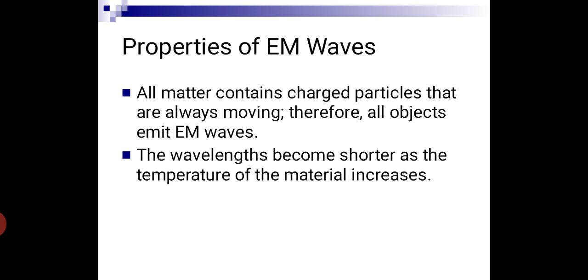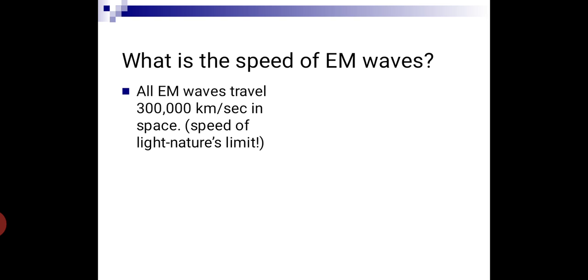The wavelength becomes shorter as the temperature of the material increases. This means greater the temperature, greater is the frequency of the wave emitted, and shorter is the wavelength. Electromagnetic waves carry radiant energy.